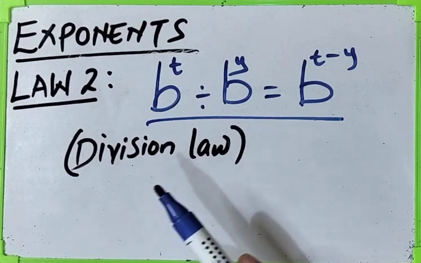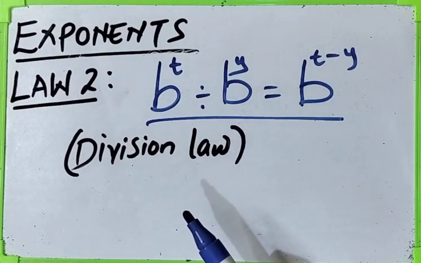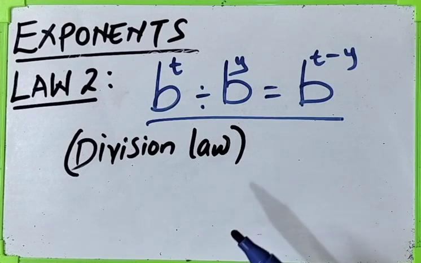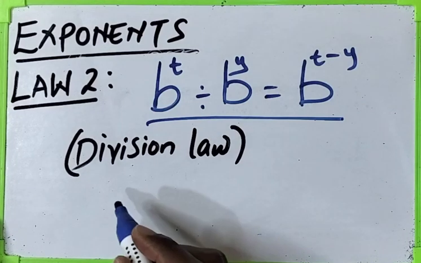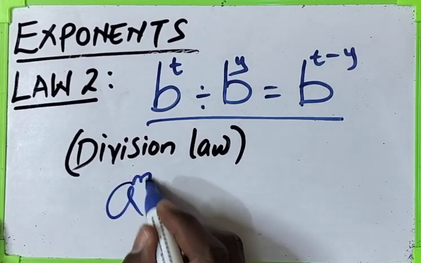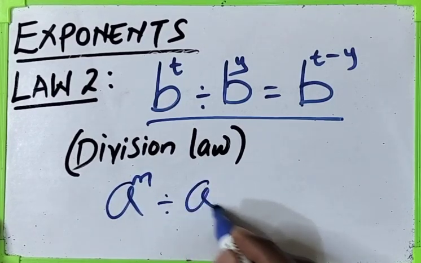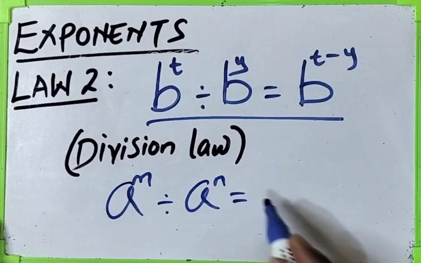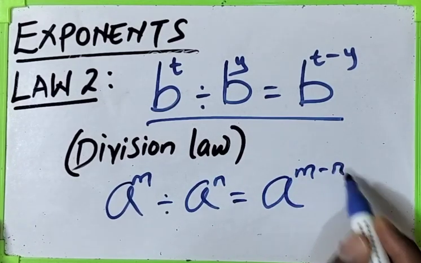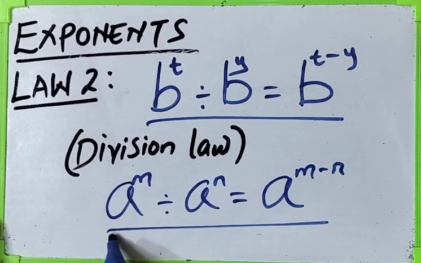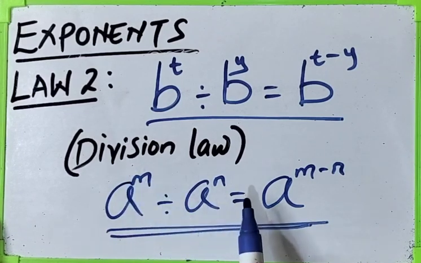You may have different bases, and so I can also use different bases to explain this given point. If I use base A, for example, the one that we used in the first principle, I would say a power m divided by a power n, we shall get common base A, then m minus n. This is the principle we are calling the division law.